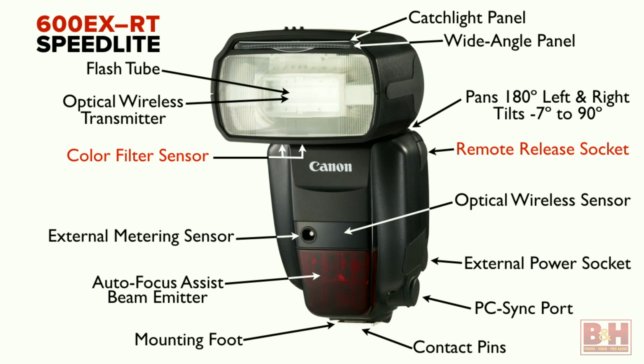So in terms of the 600, there are a lot of things that we're already used to from earlier generations of Speedlites. And there's a couple of unique things, one of which I sort of like, and the other which I've never really found a lot of utility in. The one I sort of like is that there's a color filter sensor, these two little dots down here, all right?